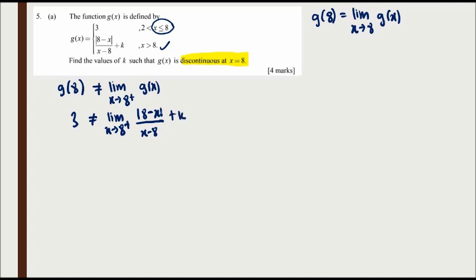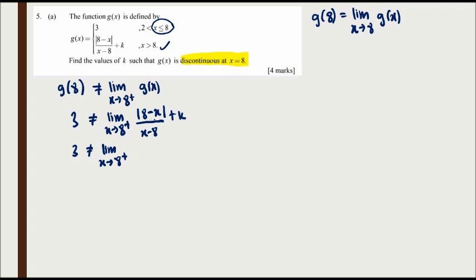So this is the function we are looking for, the absolute value of 8 minus x over x minus 8, plus k. The left hand side will just stay the same, so we will operate on the right hand side. We have the limit of x approaching 8 from the right.